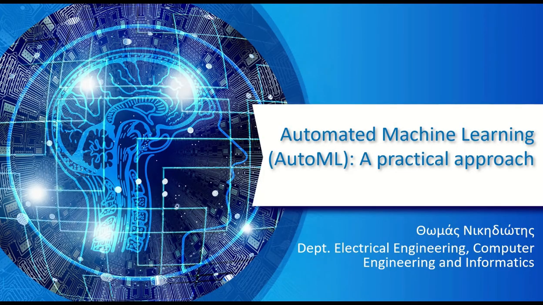So now we are going to see a small presentation about automated machine learning, how machine learning changed with automated machine learning, and what steps we are automating so we get more profit.